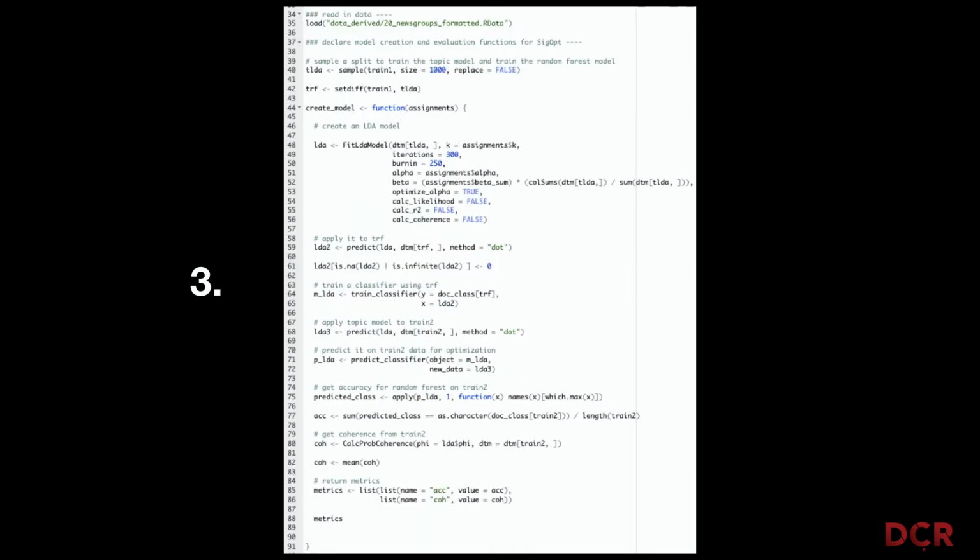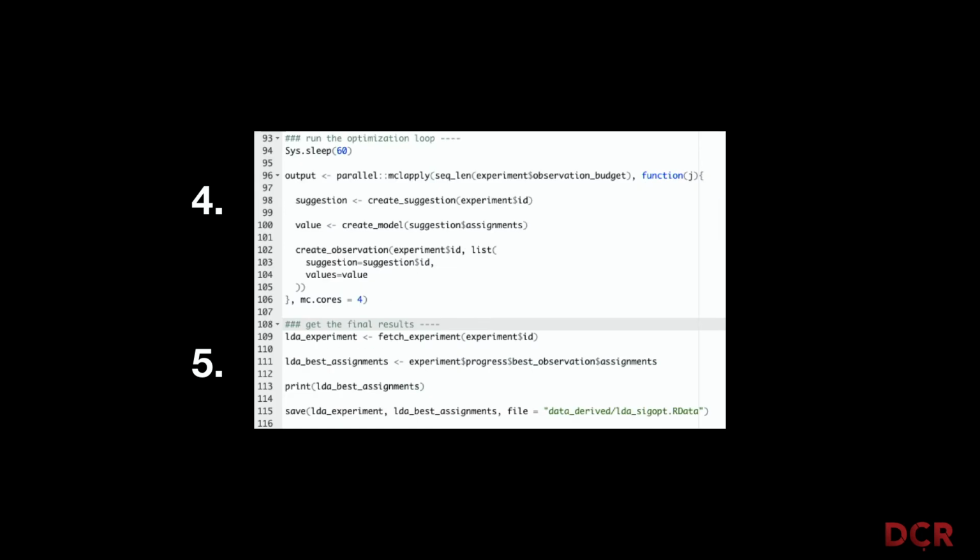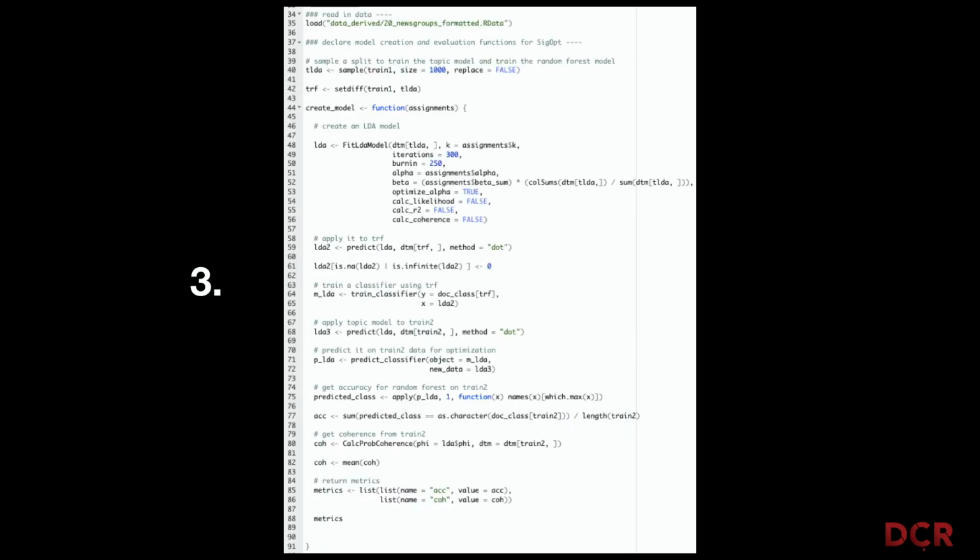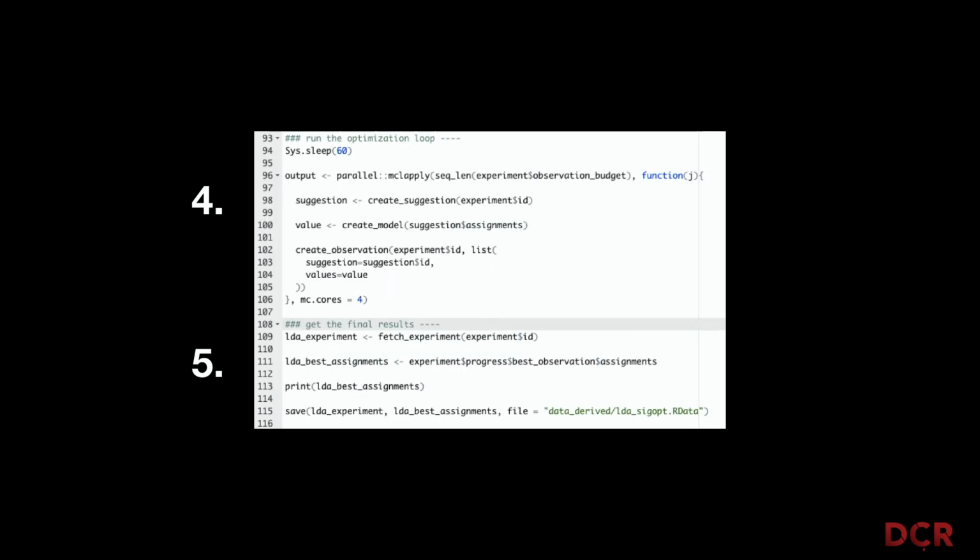This big old function does that train test split that I talked about, trains a topic model, applies it to a held out set, trains random forest, applies that to a held out set, calculates the metrics, and then spits those out at the bottom of the function. And then here in step 4 is that main optimization loop. So there's this system sleep up there.